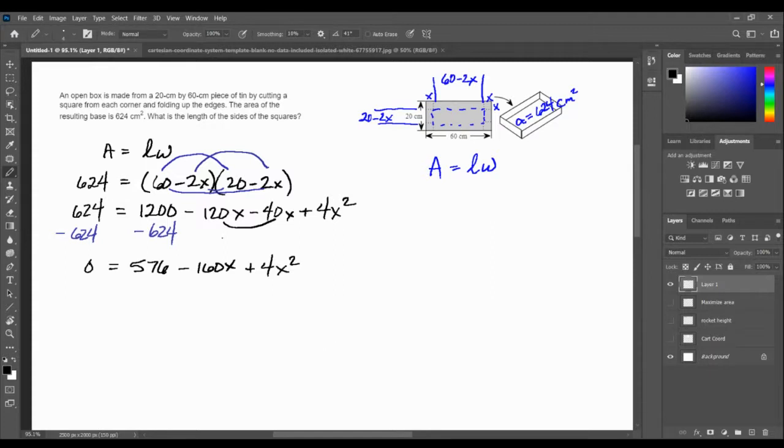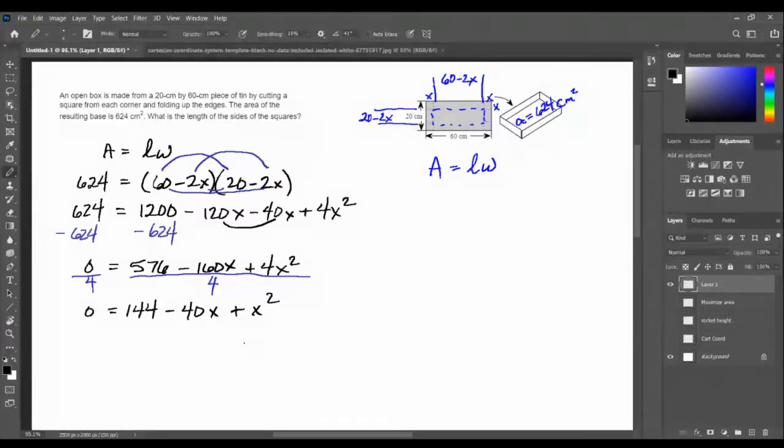It looks like 4 will go into everything, so I'm going to divide everything by 4. 0 divided by 4 is 0. 576 divided by 4 is 144, minus 40x, plus x squared.